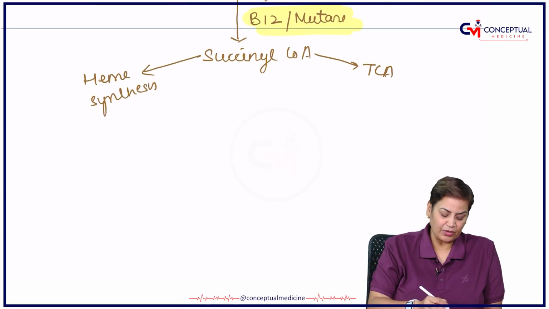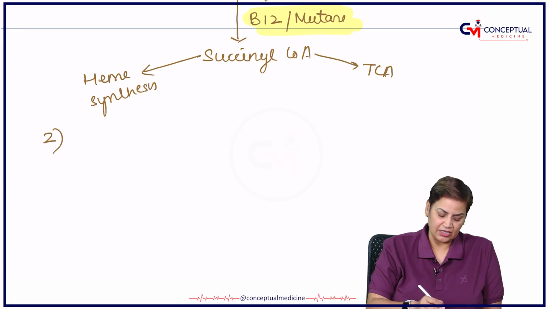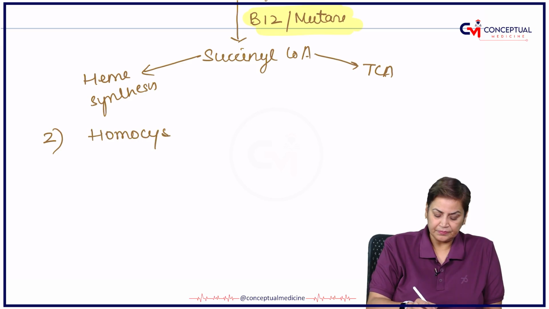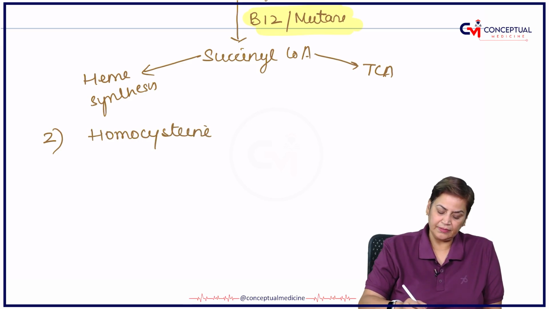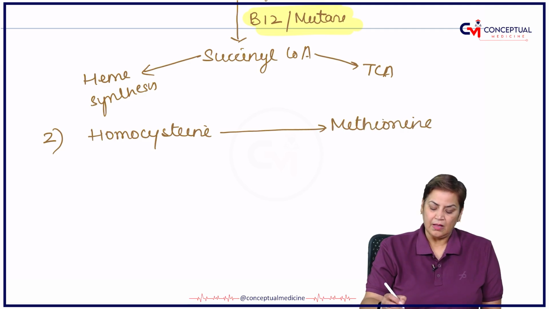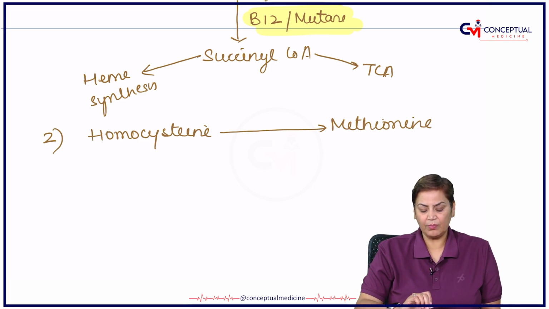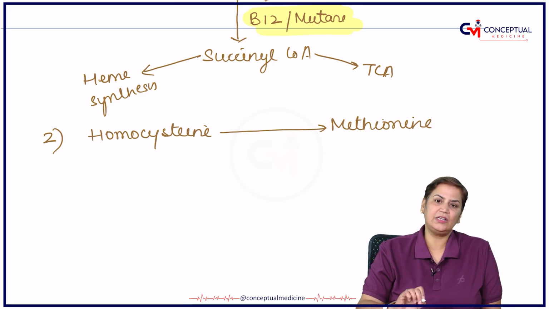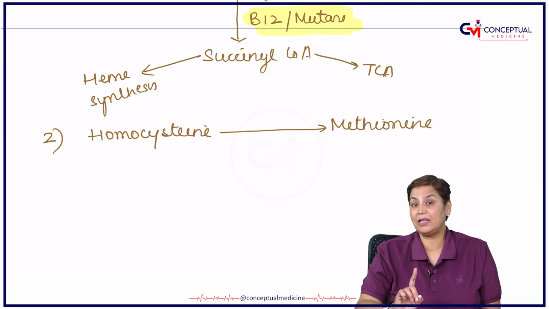And the second important reaction is conversion of homocysteine to methionine. Now, whenever we talk about the conversion of homocysteine to methionine, we know that there is a difference of only the methyl group.